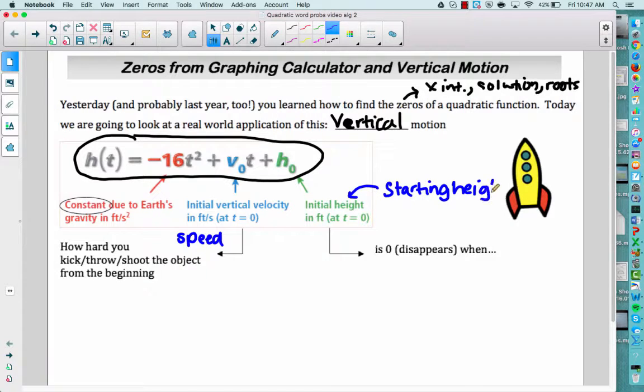If the starting height is on the ground, for example, then the initial height will disappear and become 0, because on the ground means 0. Initial velocity or speed means how hard you kick, throw, or shoot an object or how fast it's moving, okay? All right, so let's look at an example.